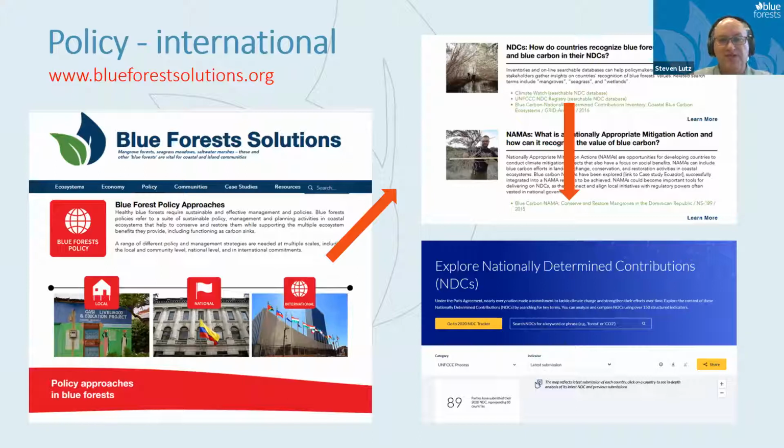One of the searchable databases you can head to is Climate Watch, where you can use key terms such as mangrove, seagrass, wetlands, or even blue carbon, and find out how countries are recognizing these ecosystems in mitigation and adaptation actions. You can also find some policy research and analysis that the project has supported on NDCs, and some guidance for countries in incorporating the value of blue carbon in their NDCs.